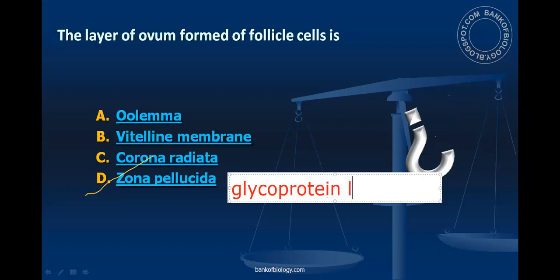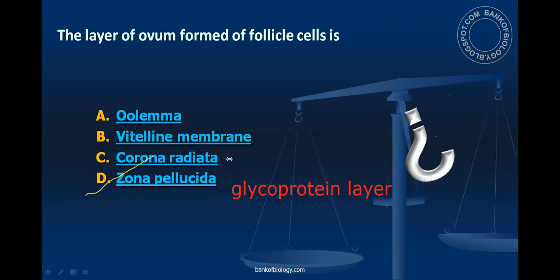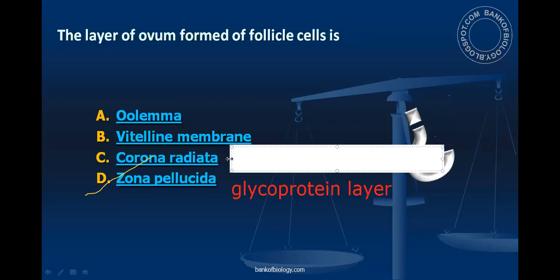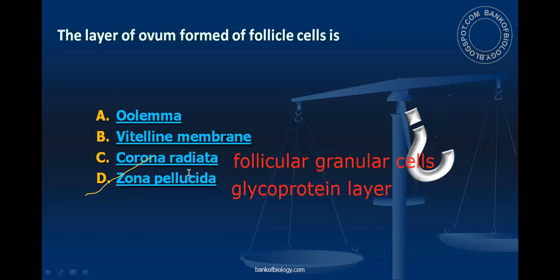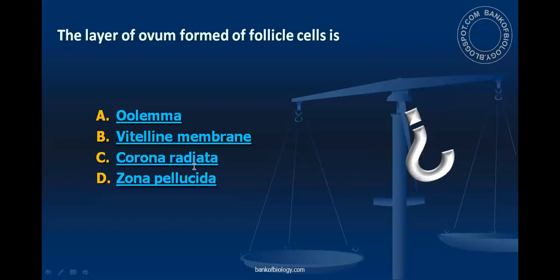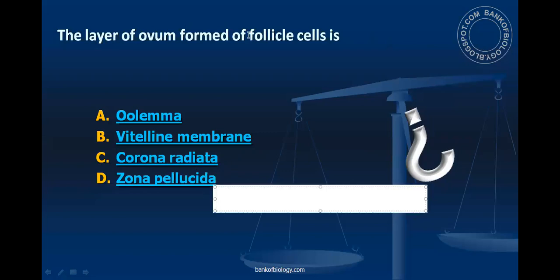The layer formed of follicular cells is the corona radiata. That is the actual confusion people always have. The answer is corona radiata. This is not in NCERT. Corona radiata is the answer.